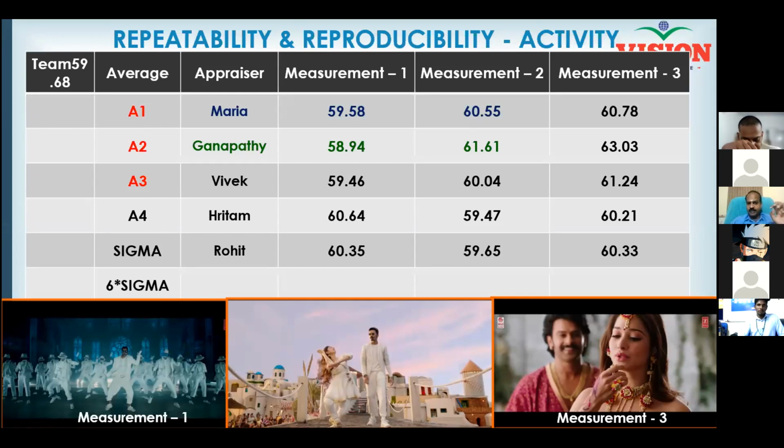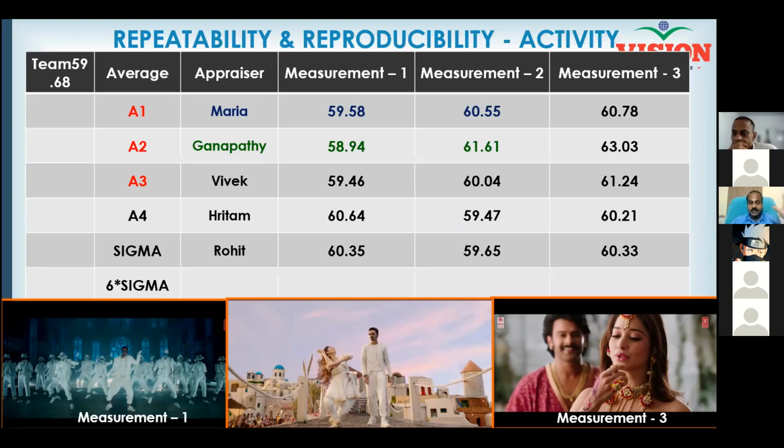Now with the 5 averages, can you calculate the standard deviation? 5 averages means 5 numbers. Use the 5 numbers to calculate a standard deviation. That is sigma. That sigma should be multiplied by 6. That will give me an estimate of the total reproducibility error.